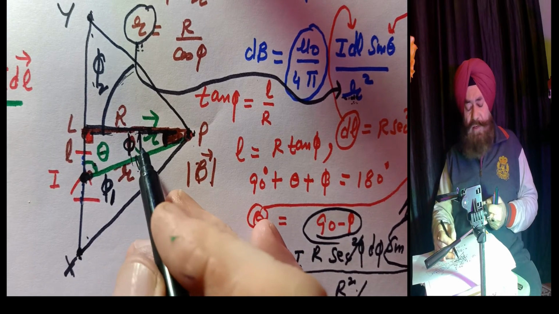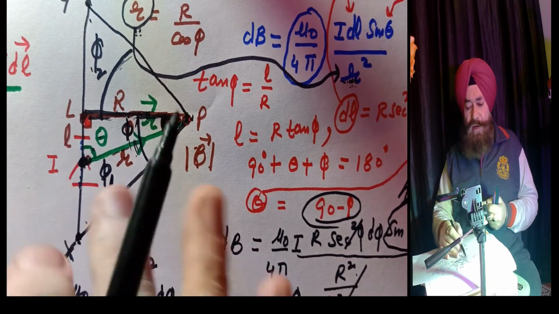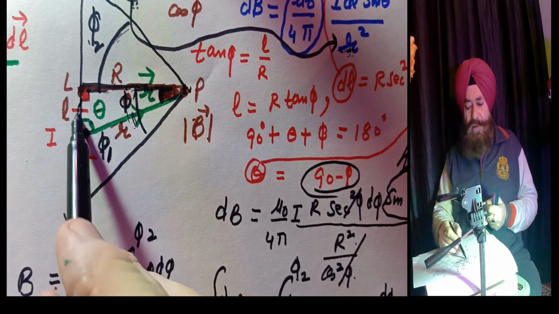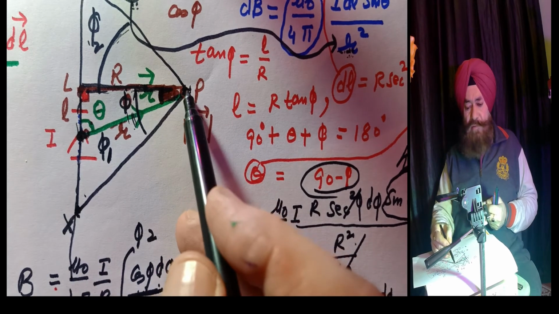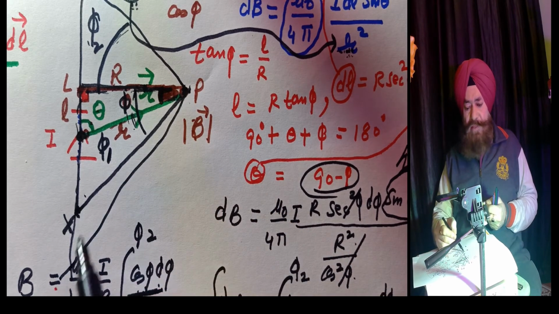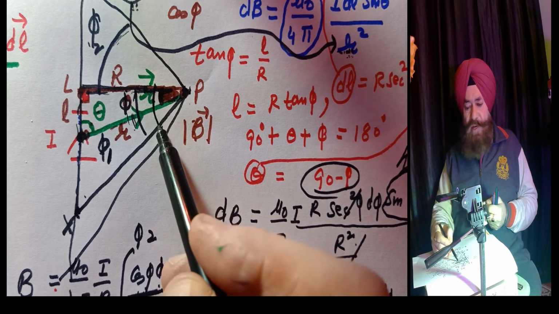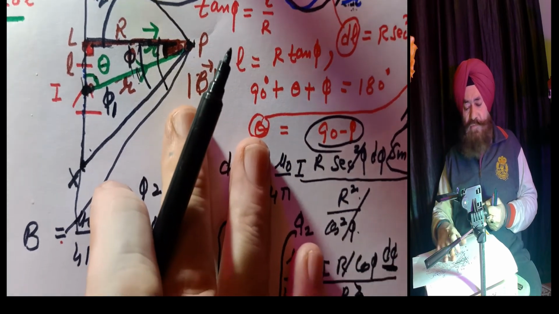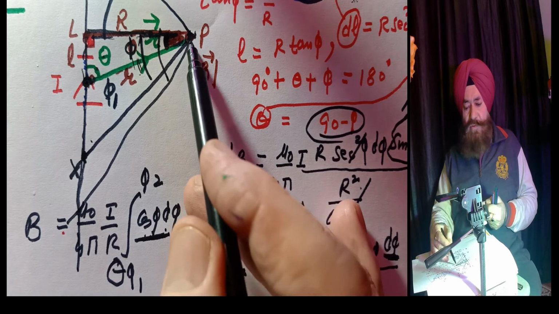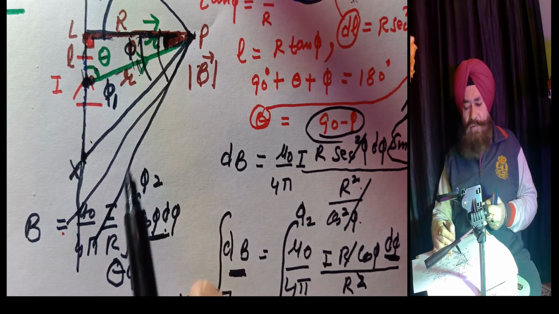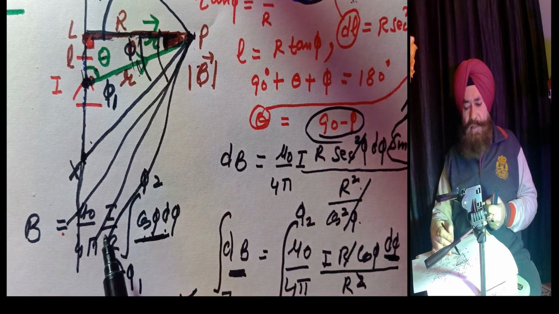Now we'll think, if my conductor is very long, if I increase this length, what will happen? I will join like this. So this angle will increase. You go on increasing the length along this side, this angle will go on increasing like this, like this.